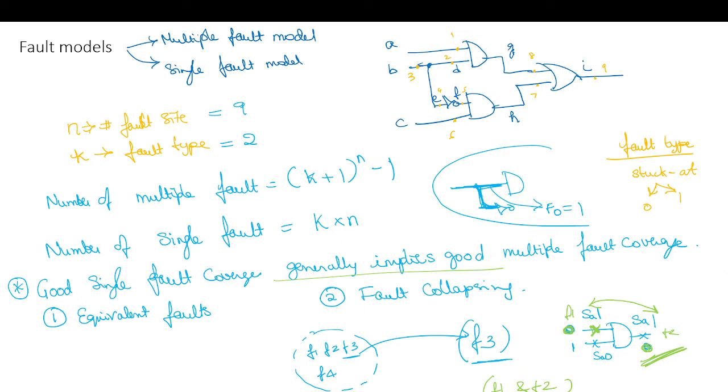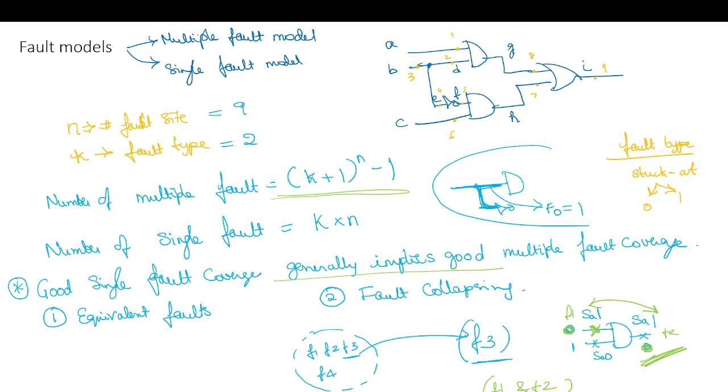So is it clear? Okay. So proof of multiple faults, I didn't understand your question. Do you want the proof for this or for this statement? This statement, it is like formula 1.